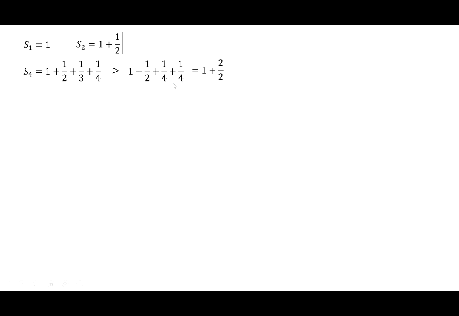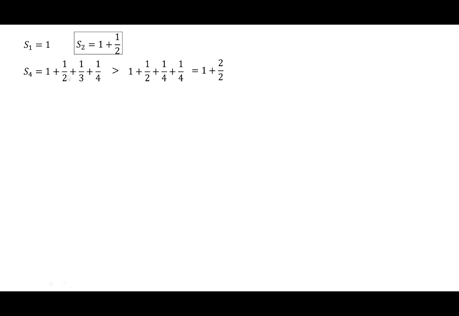There's a reason why I'm writing it like that. I could have said 2. Instead, I'm leaving it as 1 plus 2/2. What is equal to 1 plus 2/2? This very last thing. So what is the connection between S sub 4 and the last one? Can you say, oh, you mean S sub 4 is equal to 1 plus 2/2? Oh, no. You cannot say that. Be careful.